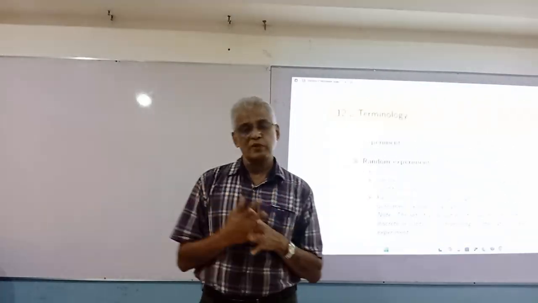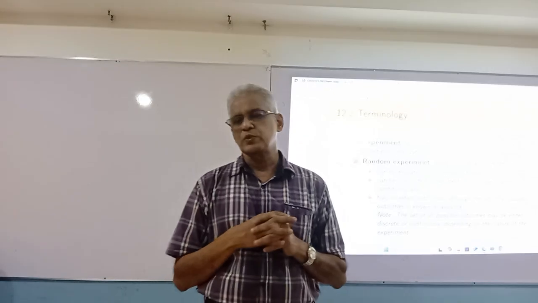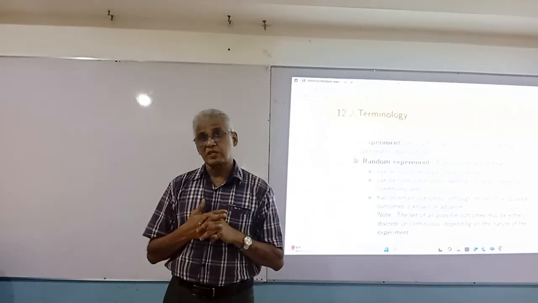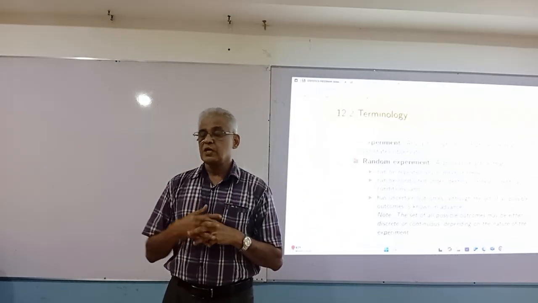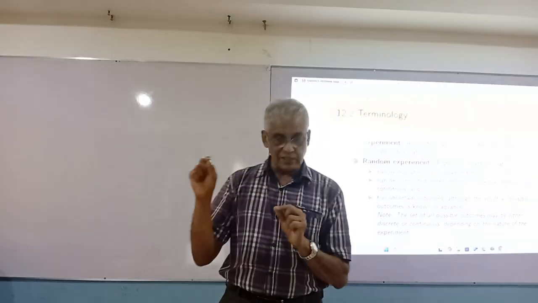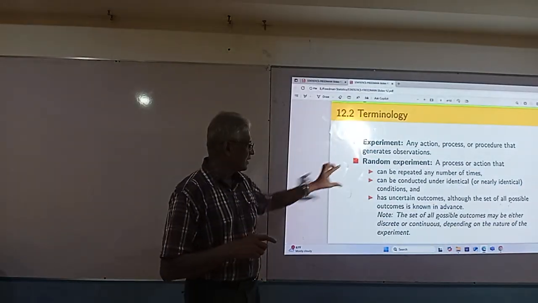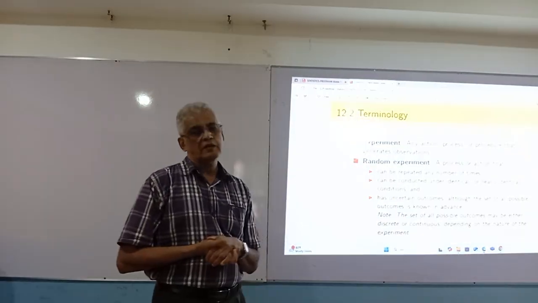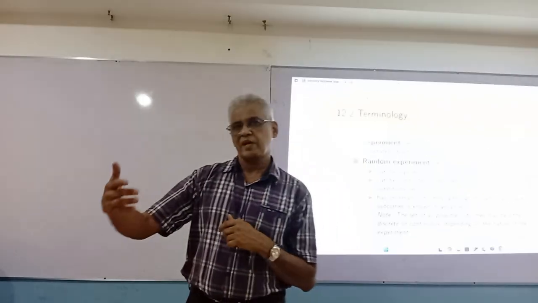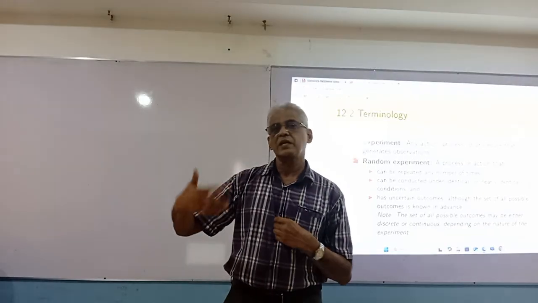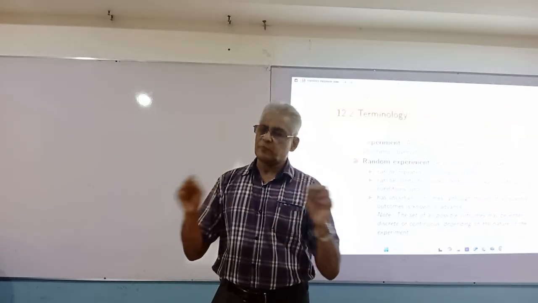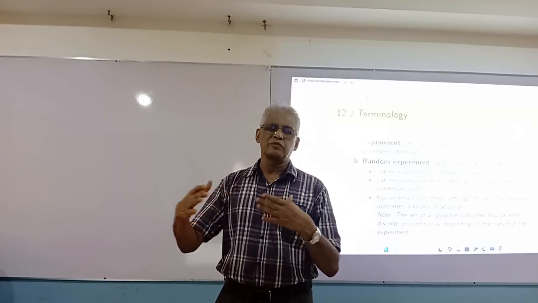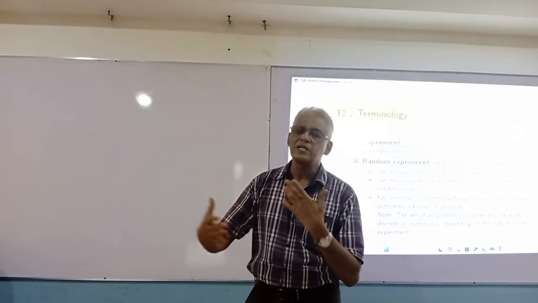And then more importantly, we will use the word random experiment. So a random experiment is a particular type of experiment with some particular properties. Right? If some experiment can be repeated again and again, under the same conditions.